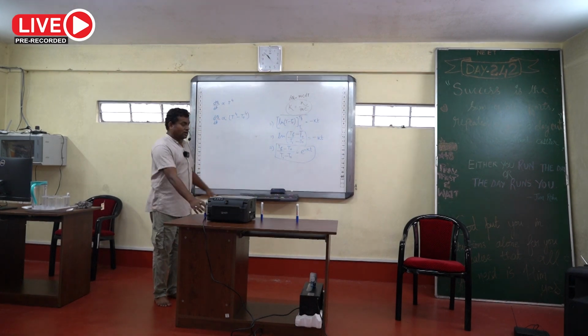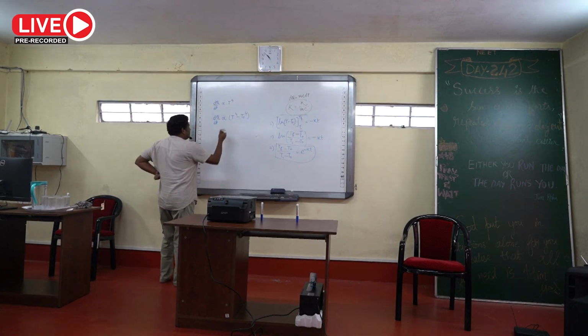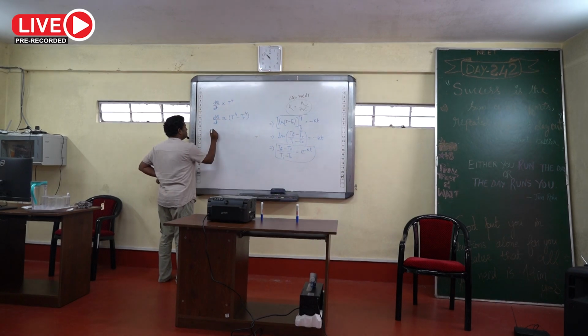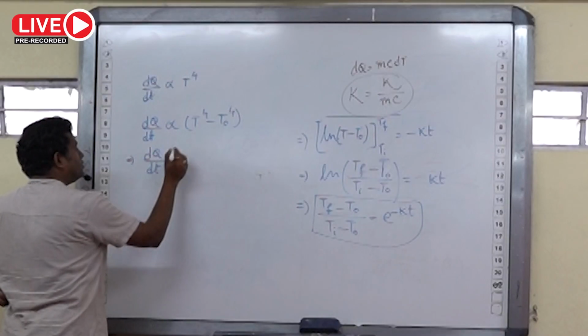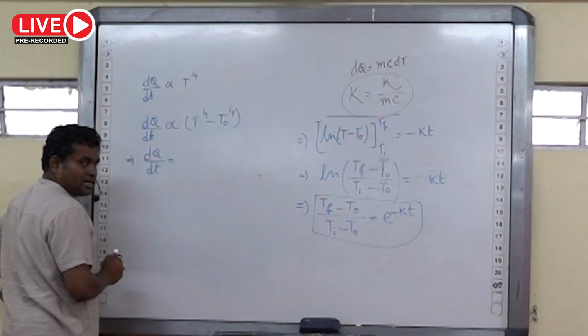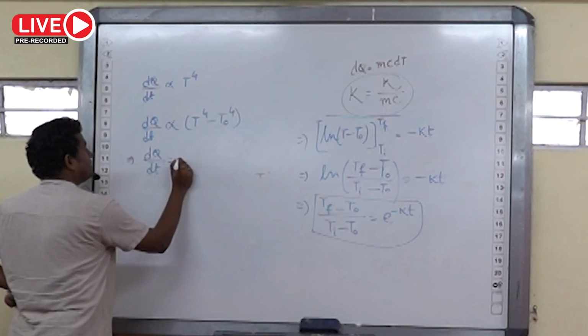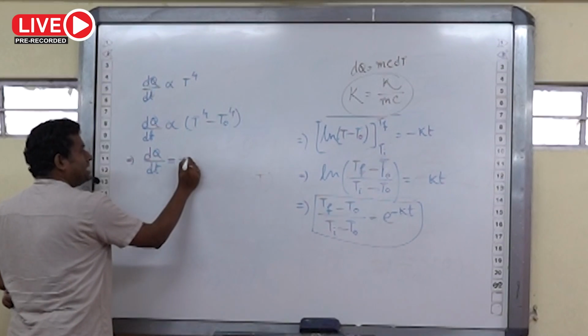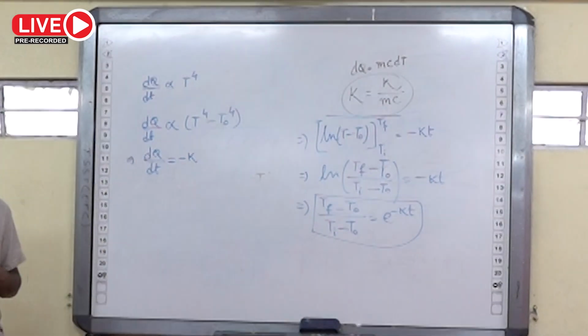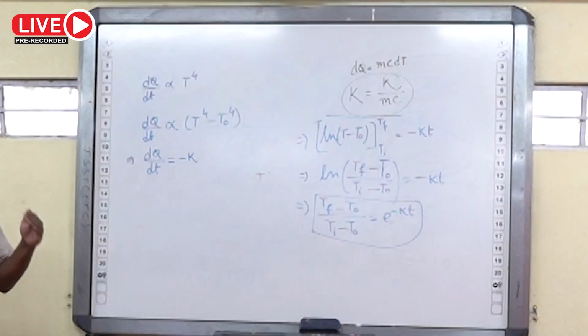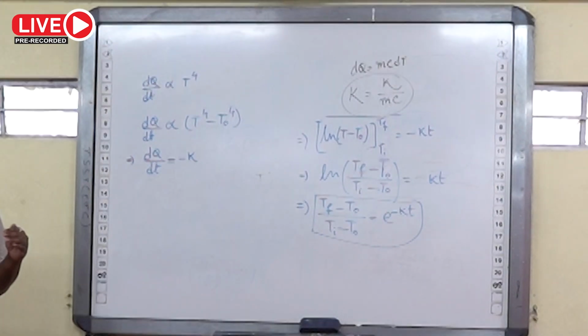Okay. Now, if you consider either of these laws, then you can write that dQ/dt is equal to some constant. Since it is cooling, I put the minus sign, some k, but this constant also contains the term of surface area, because the heat is radiating from the surface area.